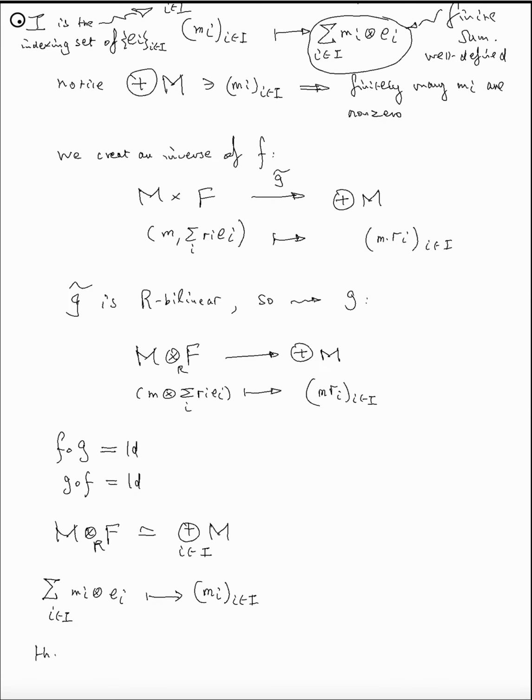And then the uniqueness of coordinates, which means if you have any element here, map it to G of x, an element of here, and then its coordinates are unique.